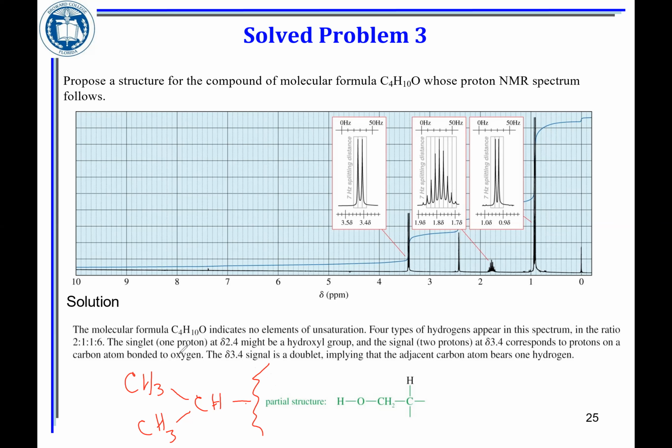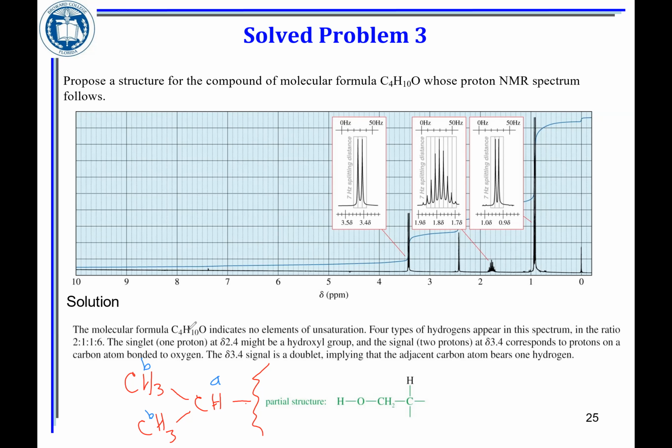Let's say the isopropyl group is attached to a major carbon chain. You have hydrogen A and hydrogen B. You have one hydrogen A and six hydrogen B. Hydrogen A is going to be split by hydrogens B.